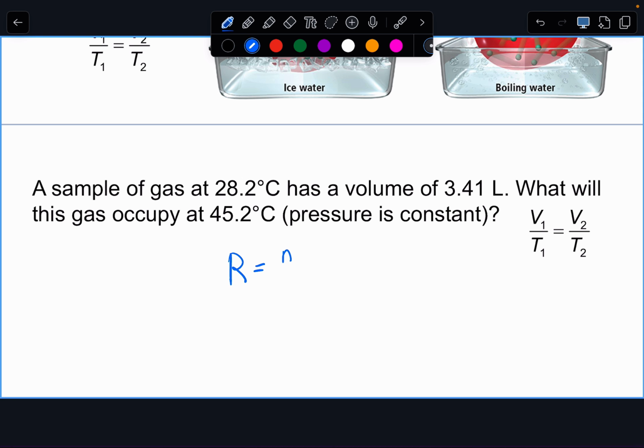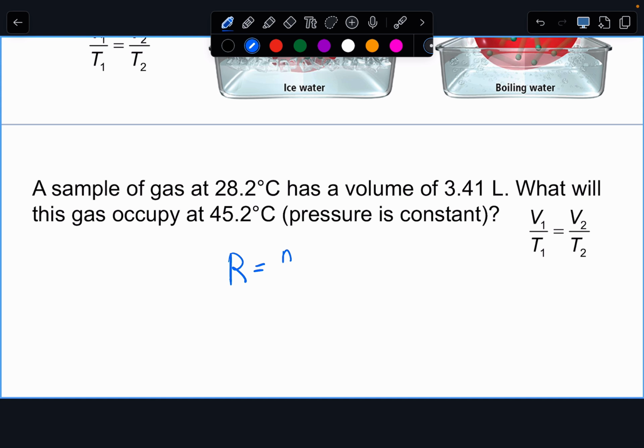You are going to develop them, or pull them out of that one equation, which is why on the exam equation sheet I have PV equals nRT, but then I also have it written in that other form, R equals PV over NT. Okay. All right, we'll do quite a few of these individual problems.